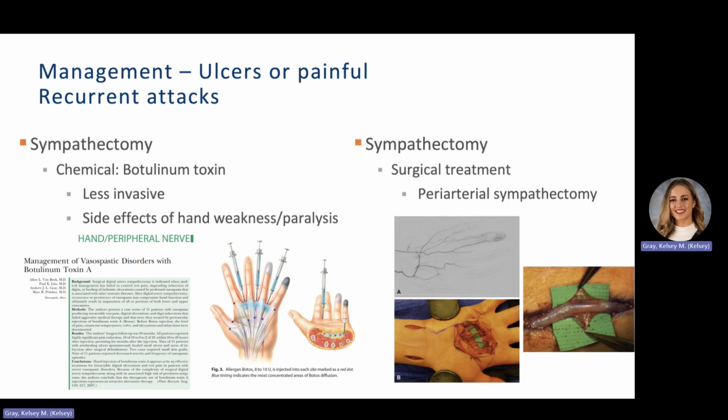Studies show it helps with pain relief, increases blood flow to the fingers, thus ulcer healing, and improves function. Botox is injected on the volar aspect of the hand in subcutaneous tissue surrounding arteries and is repeated every 3 to 8 months.